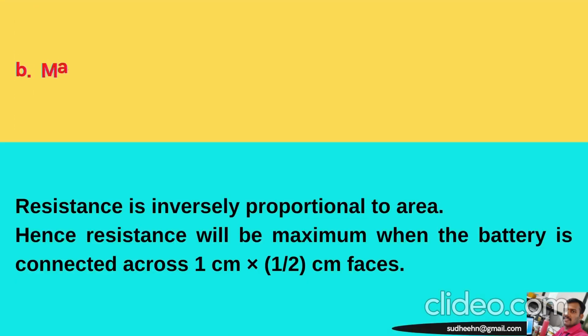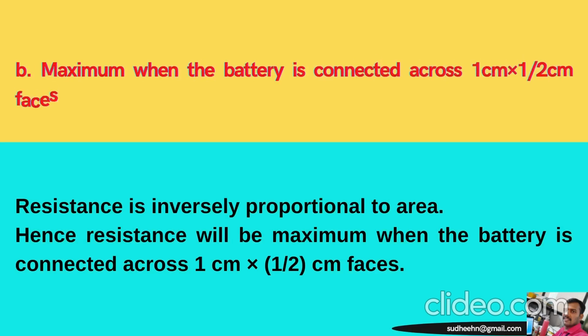The right option is option B, because resistance is inversely proportional to area, hence resistance will be maximum when the battery is connected across 1 centimeter into half centimeter faces.